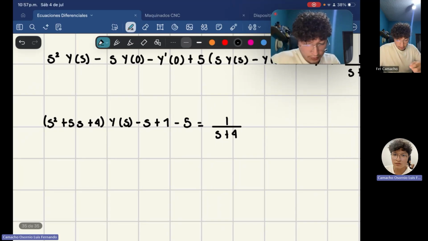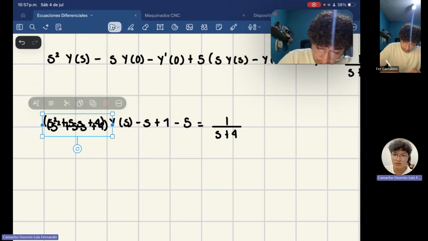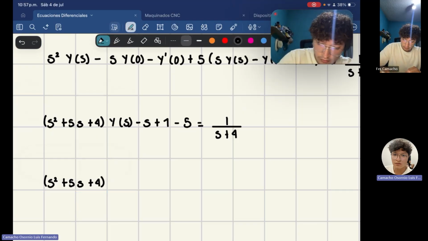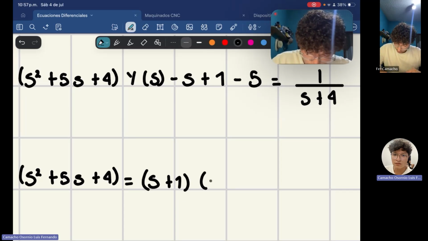So as you can see, this part you can separate into s plus 1 and s plus 4.